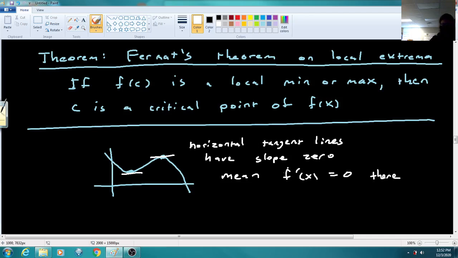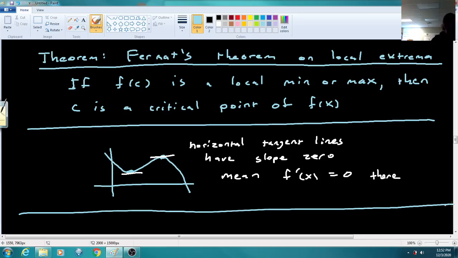So if the slopes of the tangent lines are horizontal, then the first derivative is going to be 0. If you remember, anywhere the first derivative is 0 is a critical point. So that's basically how this works. Anytime you find a local max or min, then you also found a critical point of your function as well. So that's a nice little thing.